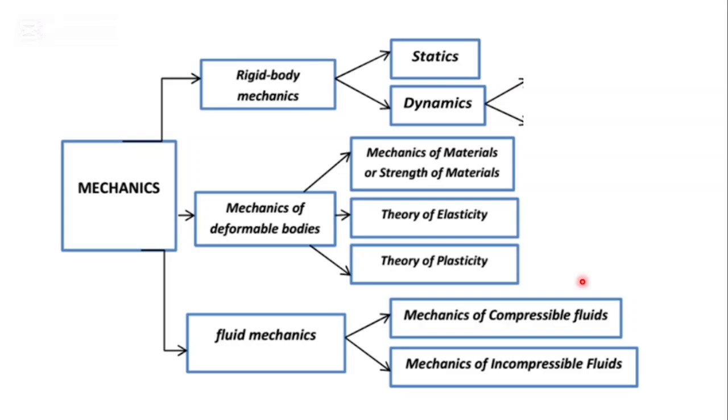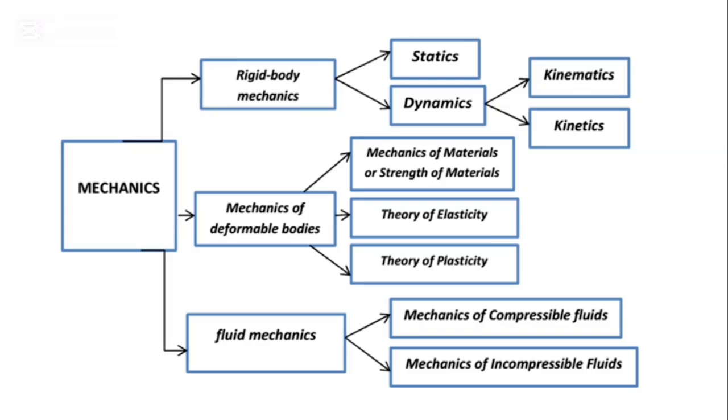It's further divided into two. We have the kinematics and we have the kinetics. The kinematics just deals with the motions, and then the kinetics deals with the forces involved, the speed and the rest, right? So these are the subdivisions of mechanics.